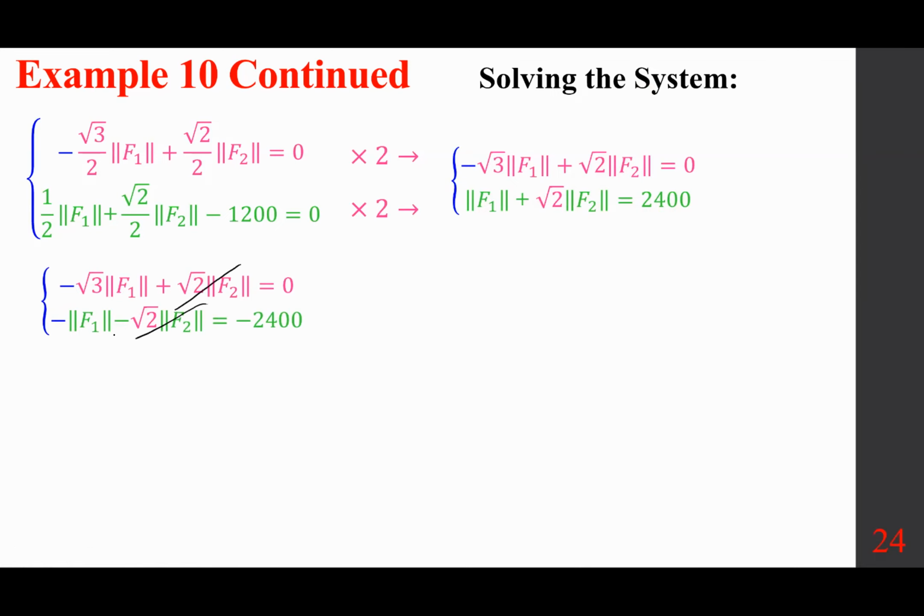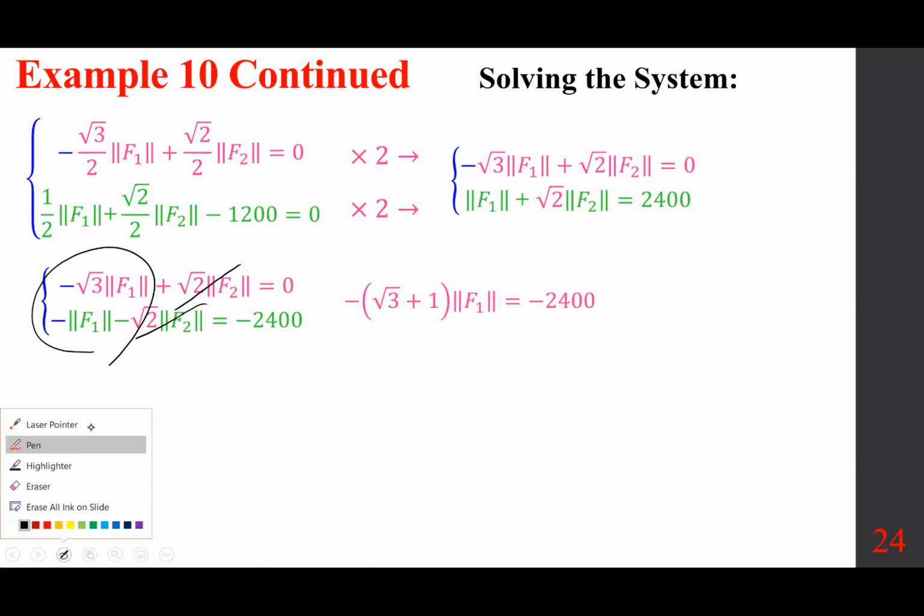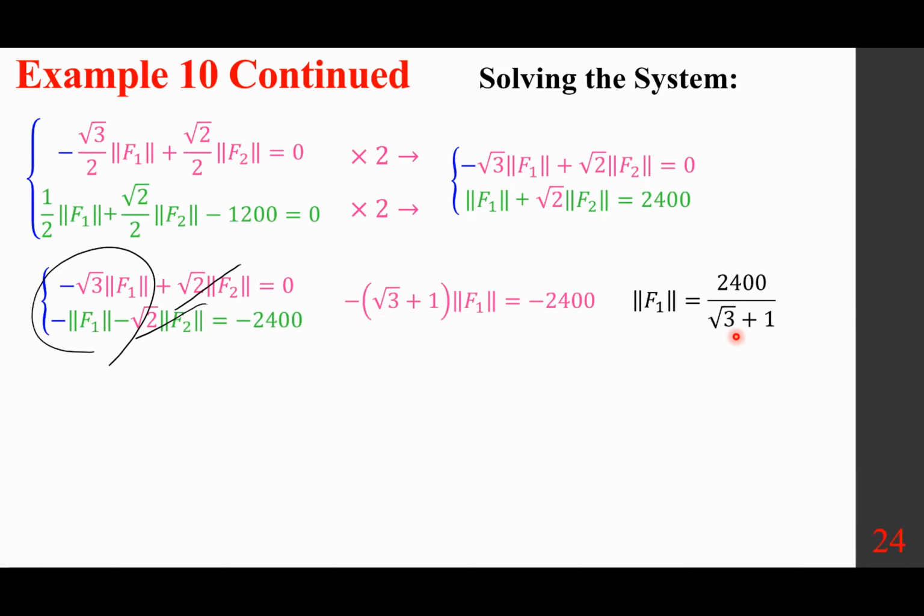So we add up these two into minus the parentheses square root of 3 plus 1 times the magnitude of f1 equals negative 2400. So if we divide both sides by this number, that gives you the answer. And a negative over negative makes it positive. That's why I'm going to put positive.